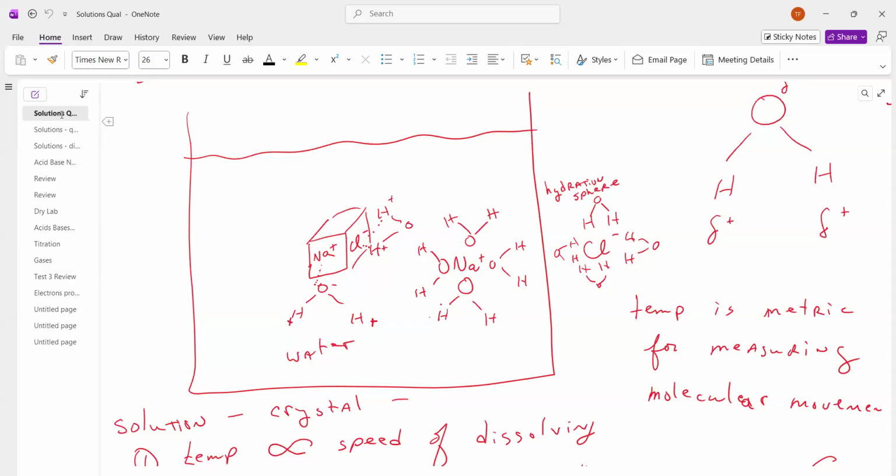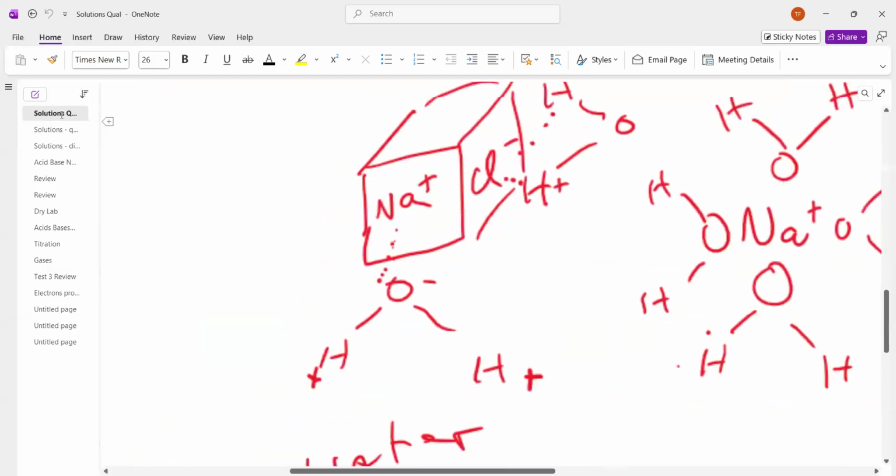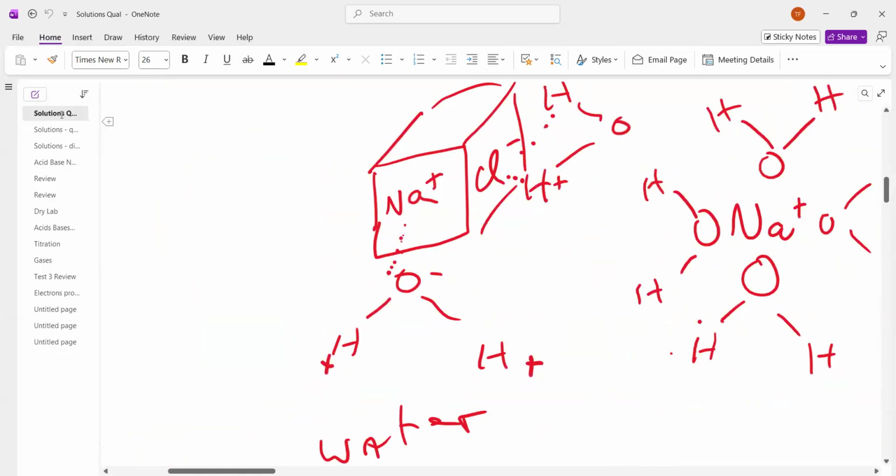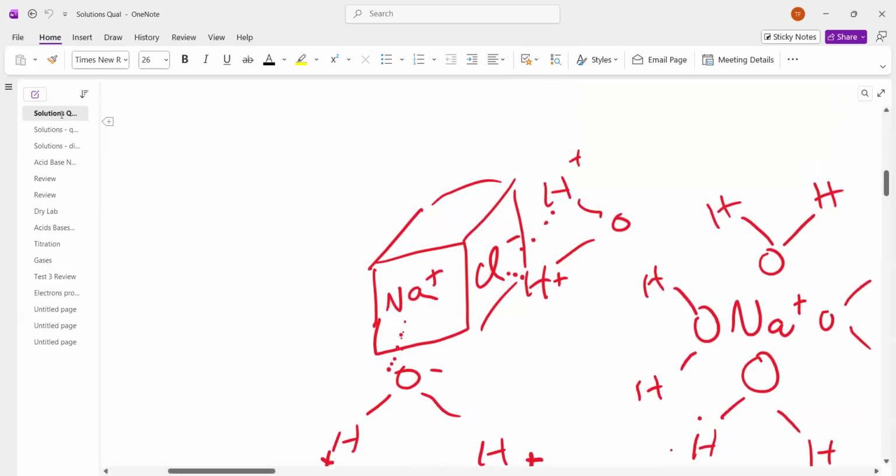What happens then is the sodium cation and the negative part of the water are going to be attracted, and that water is going to pull that sodium ion out. Likewise, the chloride ion is going to be pulled out by the hydrogens because they're partially positive. So this water is going to kind of massage this salt crystal and start pulling it apart.